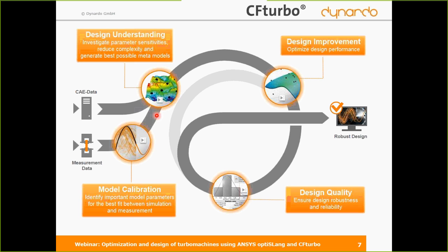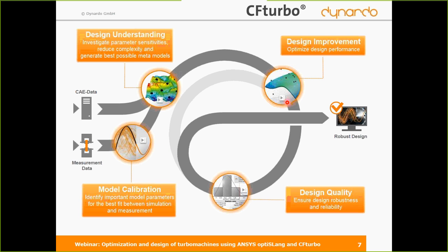That means that we want to investigate which are the important parameters, reduce the complexity, reduce the unimportant variables, and generate meta models. And with the help of these meta models, we understand in a better way how our response behaves. And with the help of the information of the sensitivity analysis, we can do the optimization then, either on the generated meta models in order to get fast results if they have a good accuracy, or you can also do direct optimization with real solver calls.